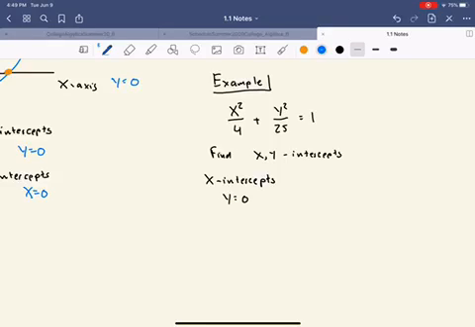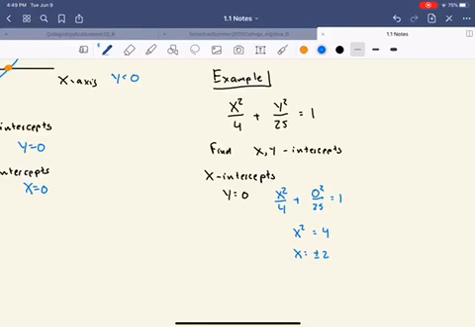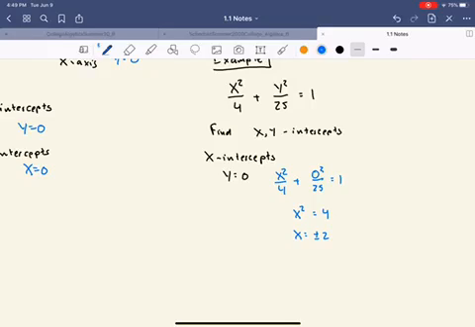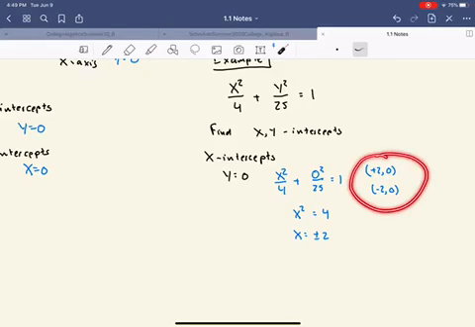So, if you have y equals 0 here, that means x squared over 4 plus 0 squared over 25 equals 1. Or x squared equals 4. X equals plus or minus 2. So the x-intercepts are actually points positive 2, 0, negative 2, 0. Now, sometimes they don't ask you for the 0 in the MyLabs Plus, but I want to actually make sure I'm saying the points correctly.